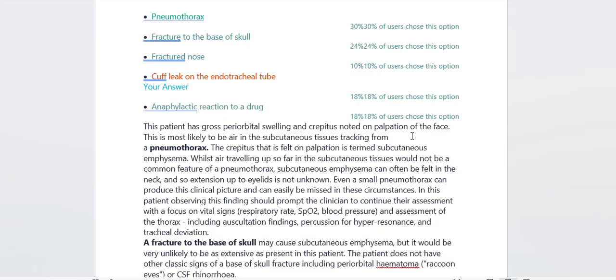Even a small pneumothorax can produce this clinical picture and can easily be missed. In this patient, observing this finding should prompt the clinician to continue their assessment with a focus on vital signs and assessment of the thorax, including auscultation, percussion for hyperresonance, and tracheal deviation.